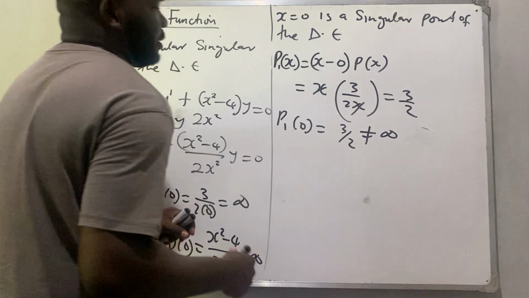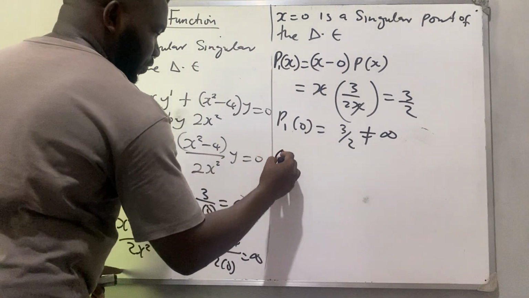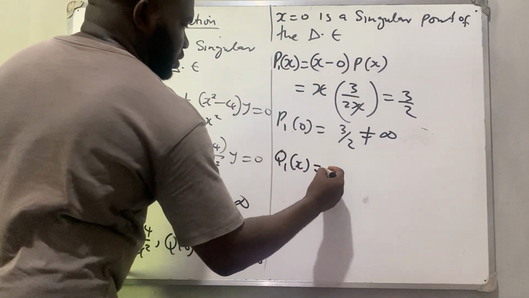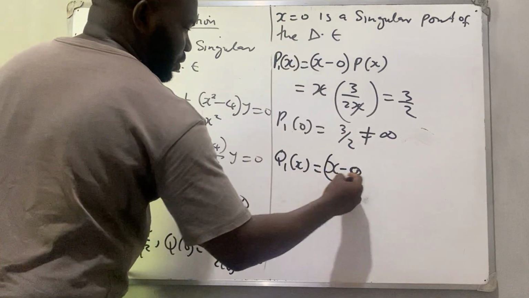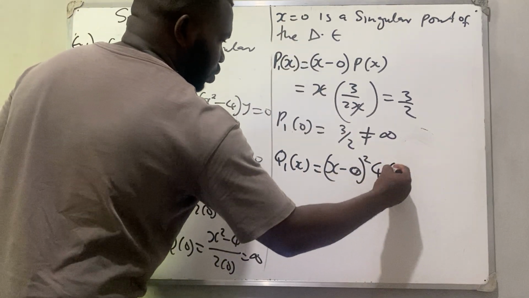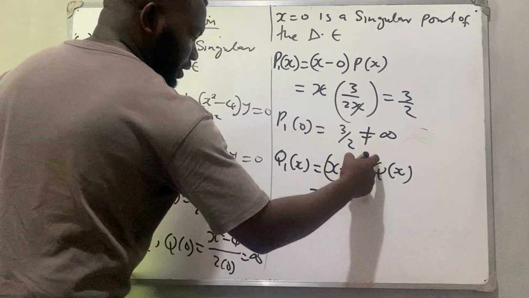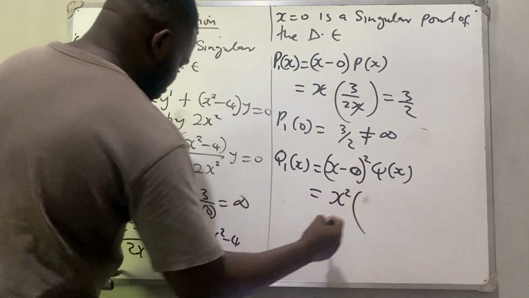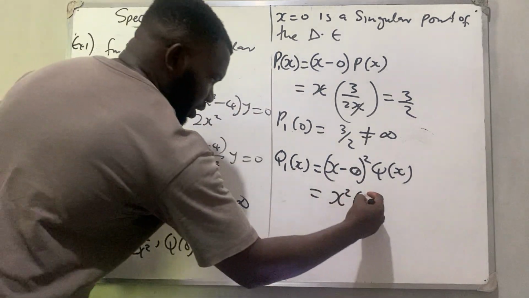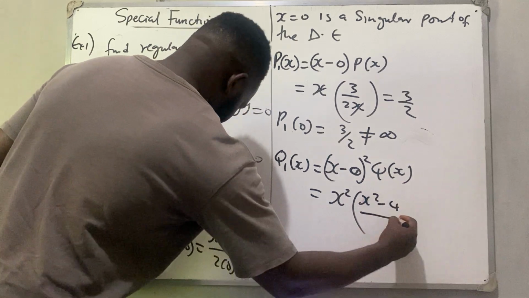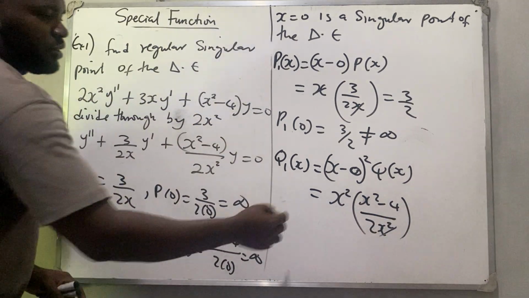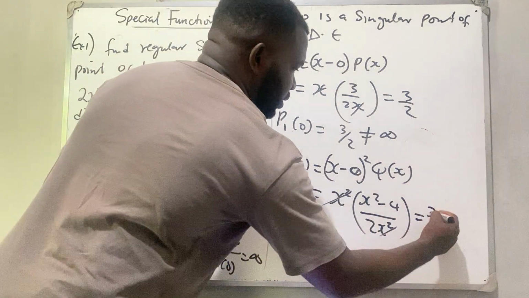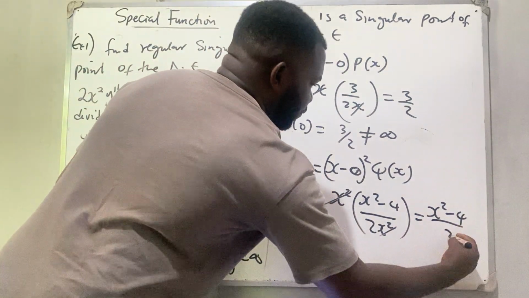So the next thing we check is q1 of x, which is equal to x minus the same point 0, all squared, times q of x. This x squared and this one, which is (x squared minus 4) all over 2x squared, so x squared cancels x squared, and I am left with (x squared minus 4) all over 2.